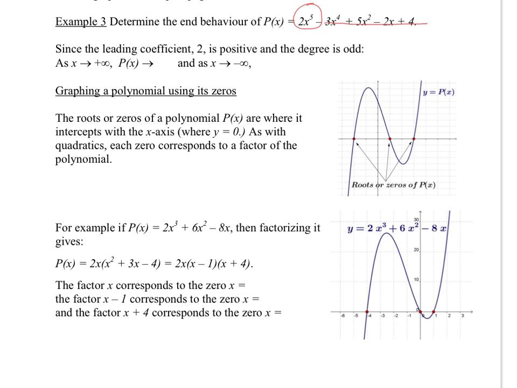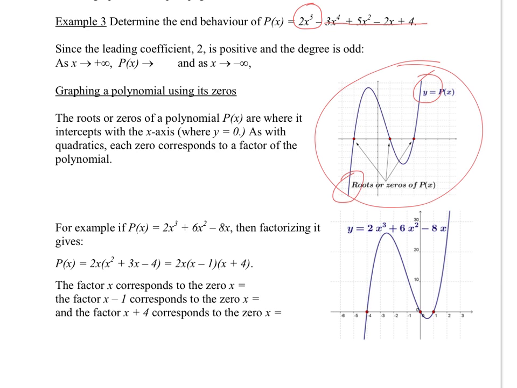Okay, so if you're graphing x to the power of 5, or a positive number times x to the power of 5, you would start on the bottom left and you would end on the top right. And so this graph here might work.